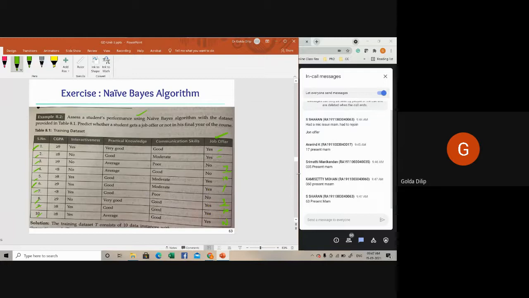Fine. Satyamohan is there. What about Likita, 27? Likita is present. Okay, because your name is not put in order, that's why I call you later. Satyamohan is there. Okay. Sharan, 63.